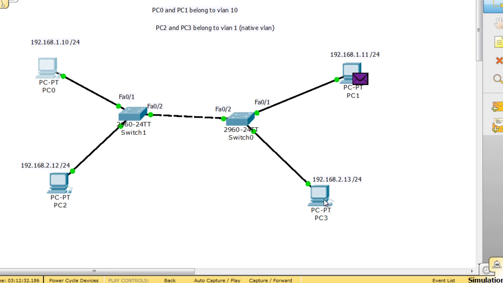So let's try to ping PC2 from PC3, so we can watch the 802.1q tagging.